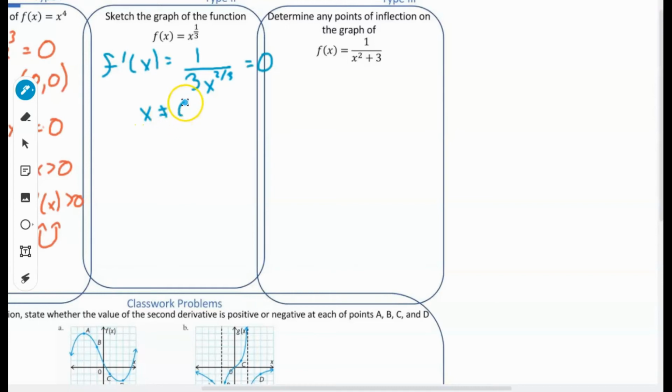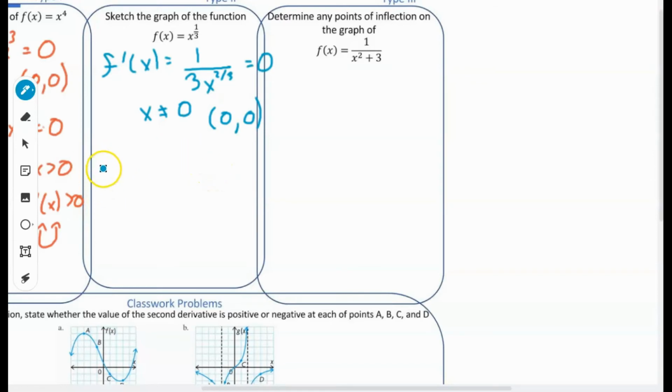That makes the function undefined. So you have a critical number there. Okay? It could be, for example, if you remember when we did our first derivative test, when the tangent goes to infinity. But we'll see more about what the shape is later after we do the second derivative test. So we have a critical number here. And if we substitute that into our original function, we have something happening at (0, 0).